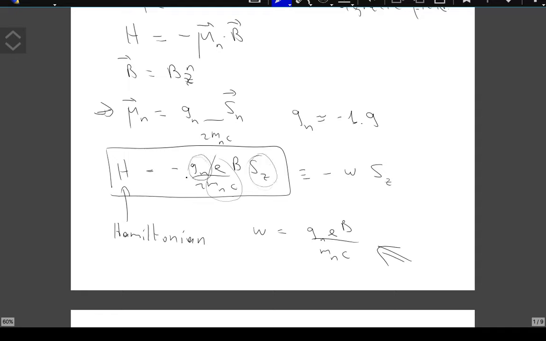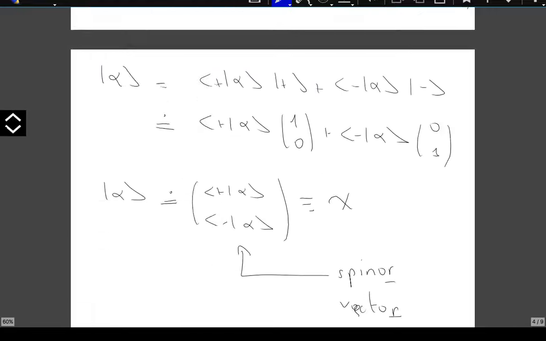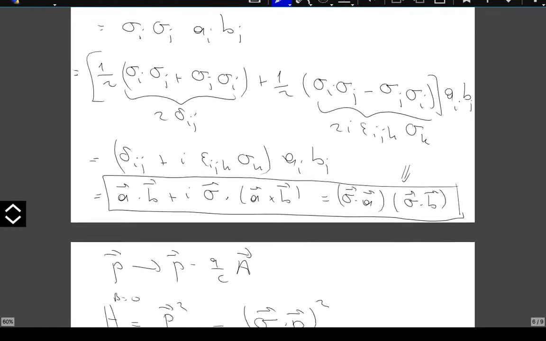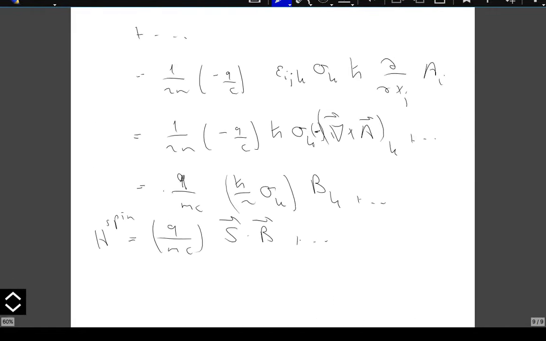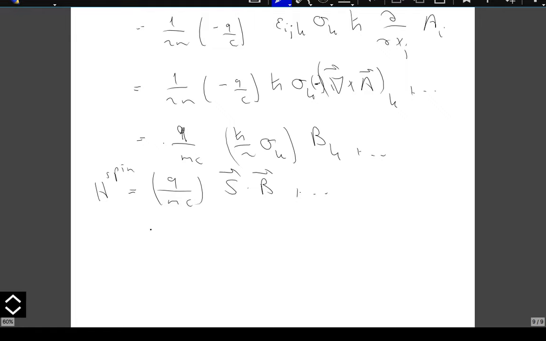Well, there is this g over 2. Usually this is written with g, which is called the gyromagnetic ratio, q over 2mc S dot B.